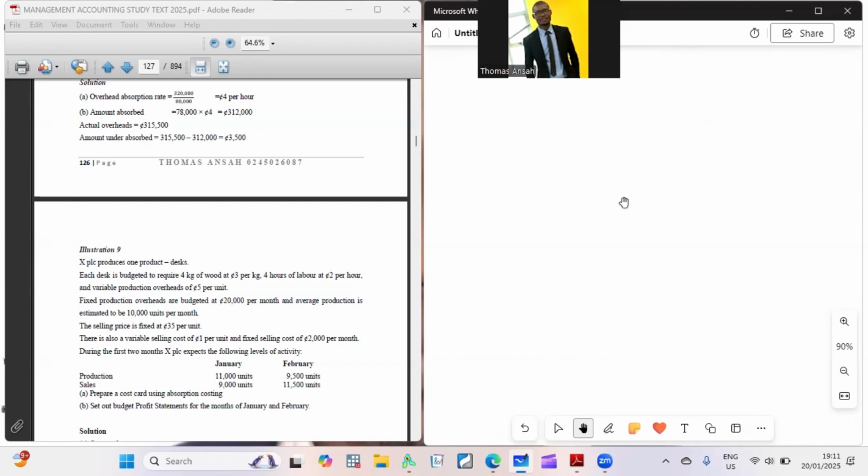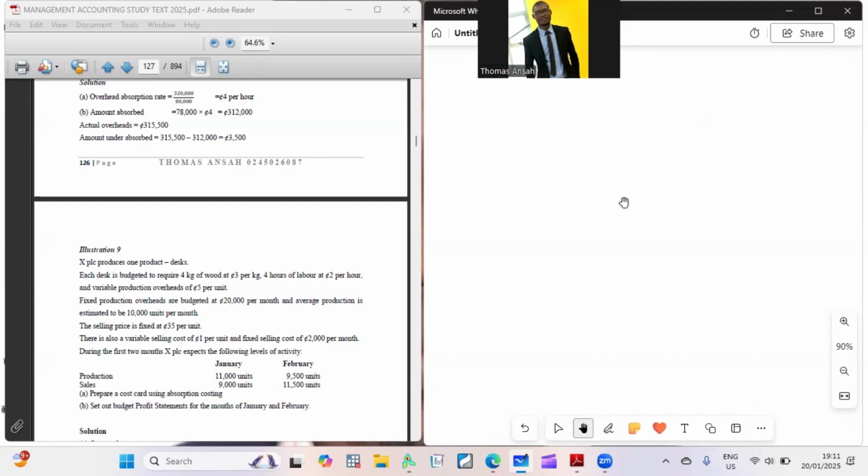Average production is estimated to be 10,000 units per month. The selling price is fixed at 35, and there is also a variable selling cost of 1 cedi per unit. Fixed selling cost is 2,000 per month. During the first 2 months, XPSC expects the following levels of activity.